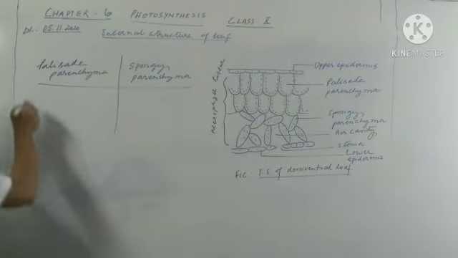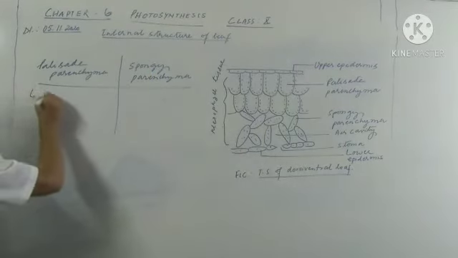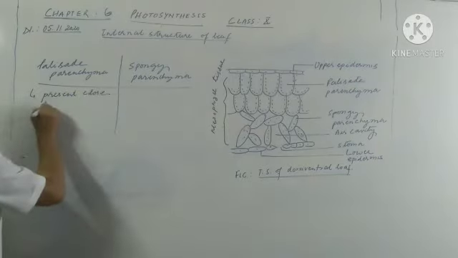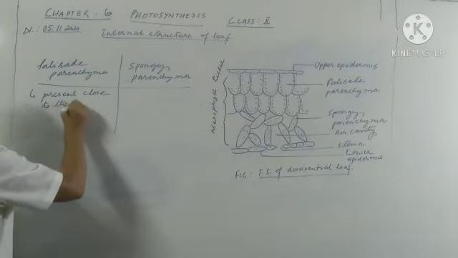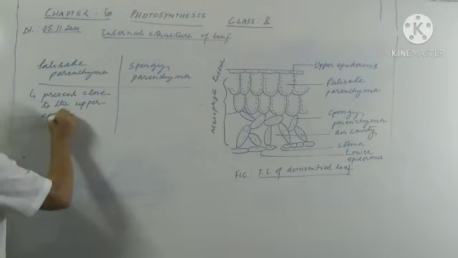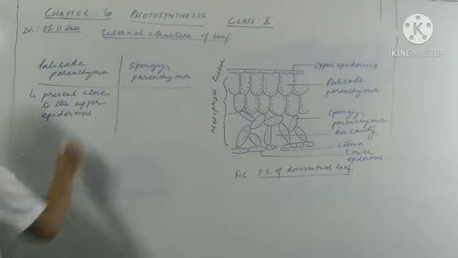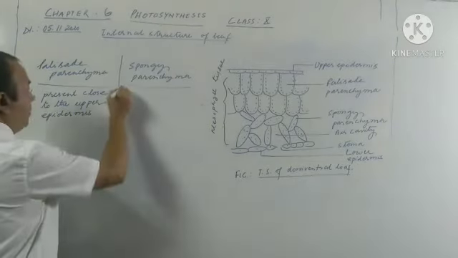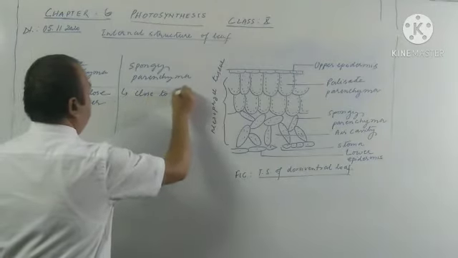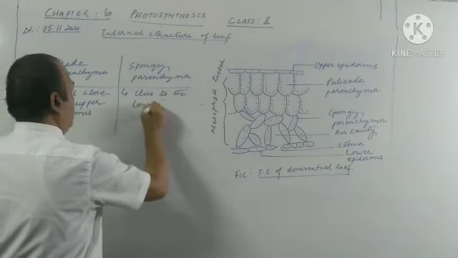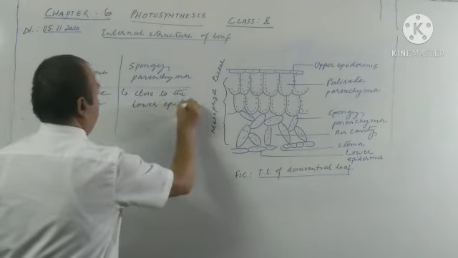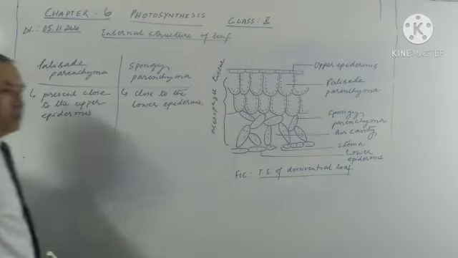So this point we can note down here: present close to the upper epidermis. And spongy parenchyma are present close to the lower epidermis. This is the first point of difference.